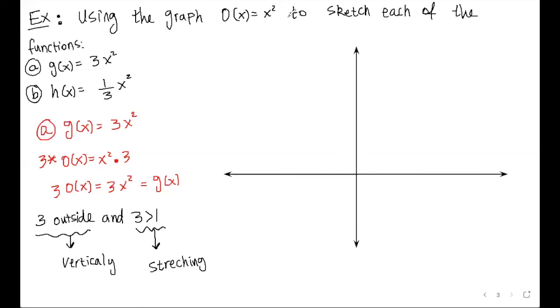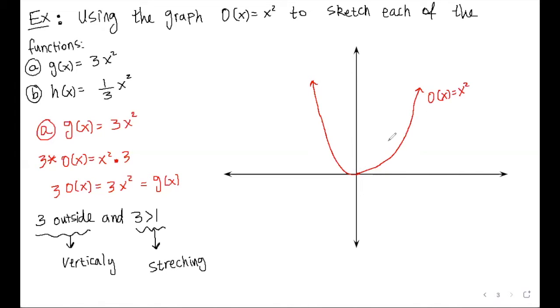The original function is f of x equals x squared, and by using the graph from last time, x squared will be graphed like this, a parabola.